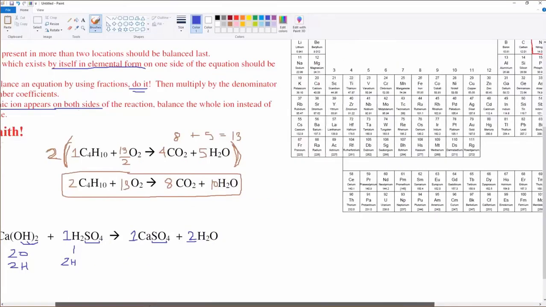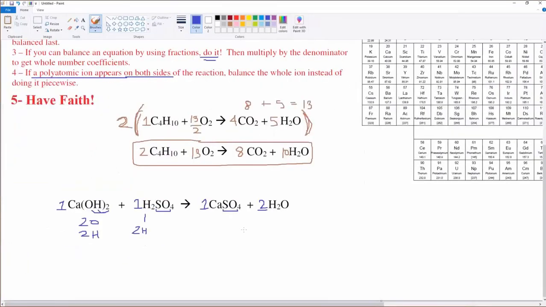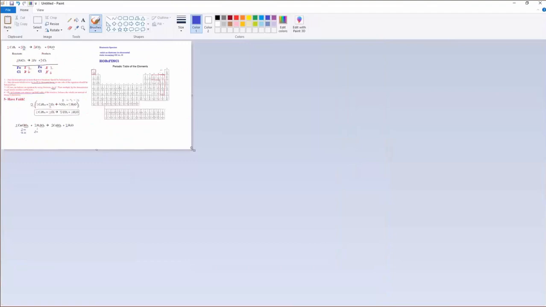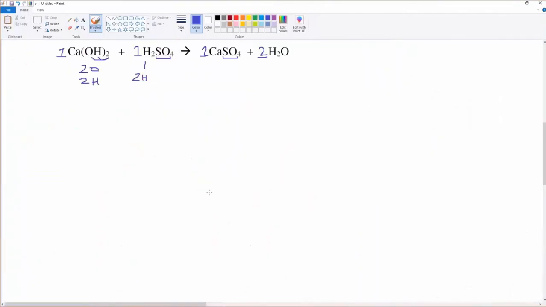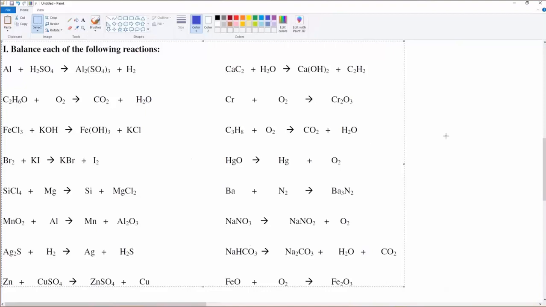We don't have to balance all of them, but we should take some time to practice balancing some of them because it will help us to just practice. Really, practice is the key for these. The key. All right, so let's start here.